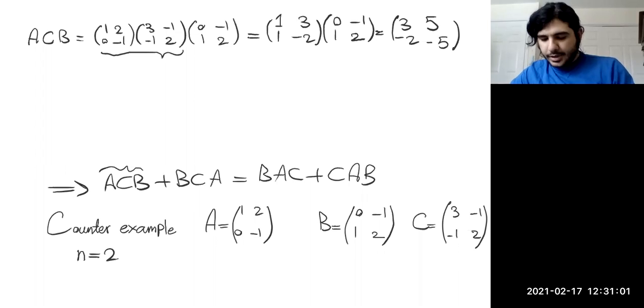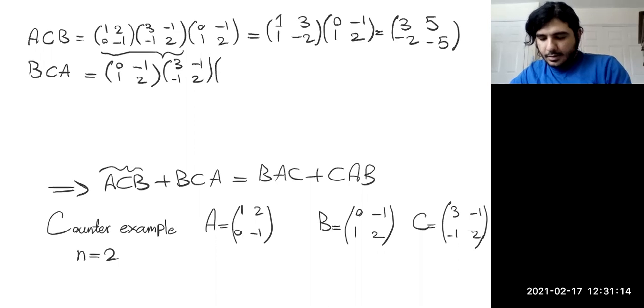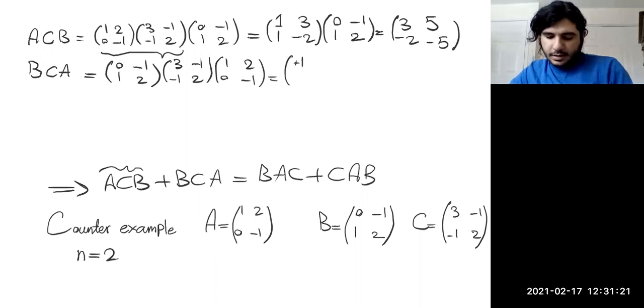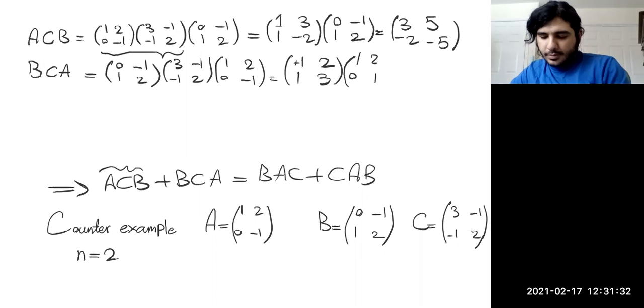That's ACB. The second thing we have is BCA. BCA is equal to 0, minus 1, 1, 2. That's B. C is 3, minus 1, minus 1, 2, and A is 1, 2, 0, minus 1. This is equal to 1, 2, 3 minus 2, which is 1, and 4 minus 1, which is 3, times 1, 2, 0, minus 1.